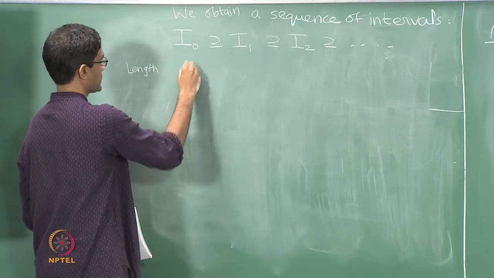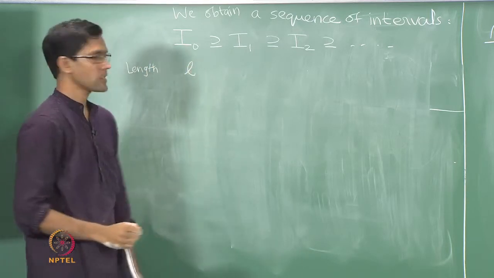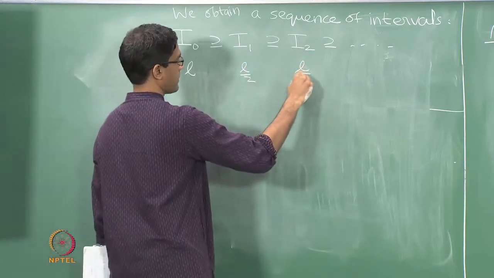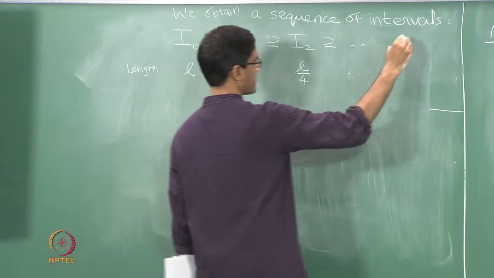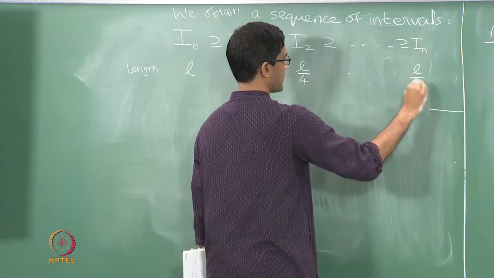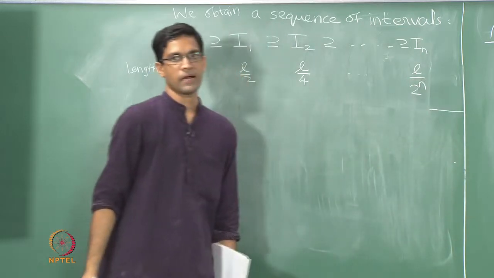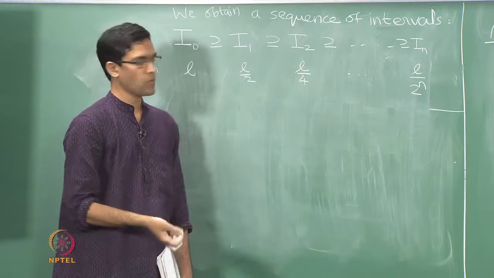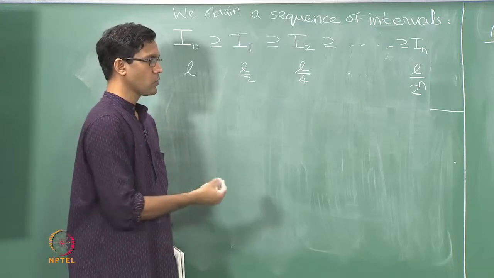Suppose I0 had length L, which is B minus A, then I1 has length L by 2, the next has length L by 4, and so on. If I do this for n steps, I get an interval whose size is just L divided by 2 power n. So the intervals are getting smaller and smaller.